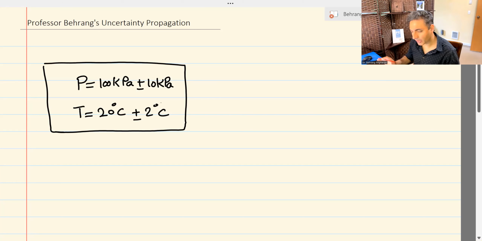Based on these measurements, we want to calculate the density of the air in the room. We know that we're going to use the ideal gas law, so the equation is pretty simple.